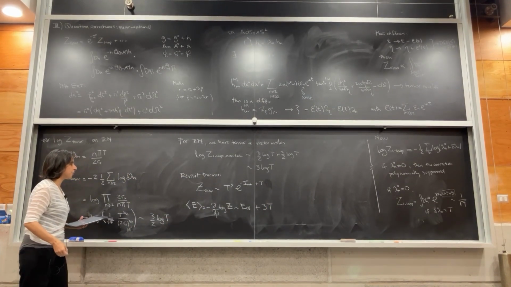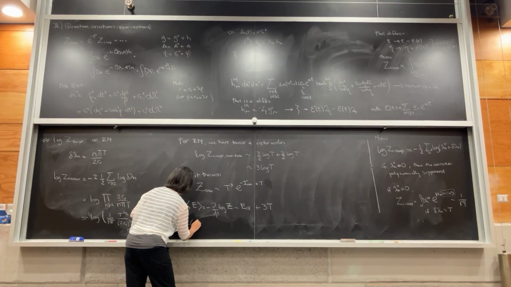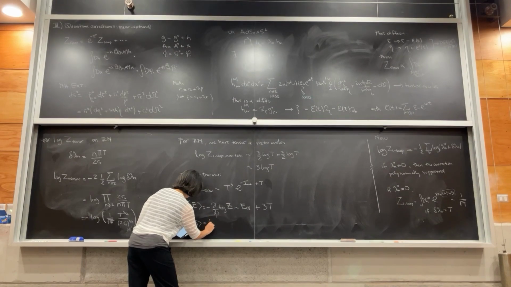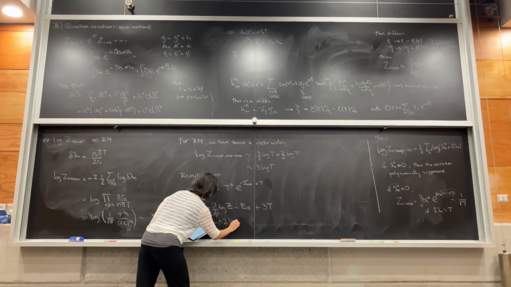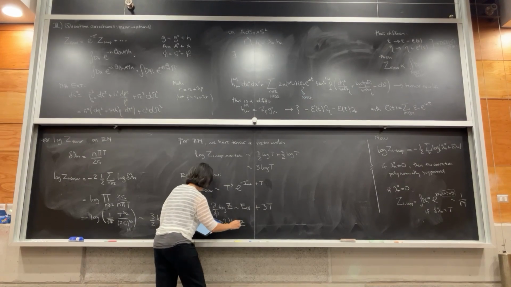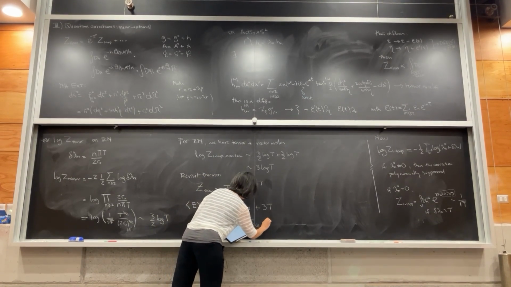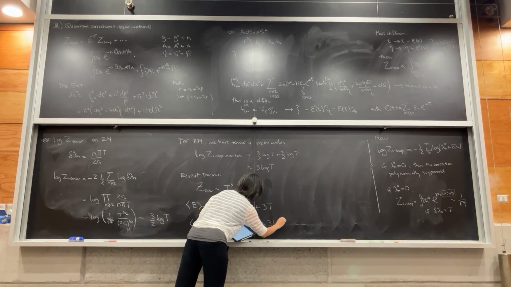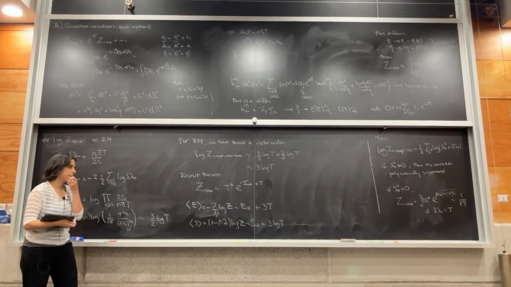And then we can also compute the entropy. So the entropy, now I'll just write it, but it is a little bit weird to interpret. You will get basically the classical contribution to the entropy times 3 times log T. Okay? This is what you will get for the entropy.